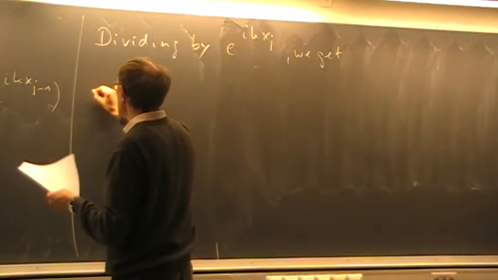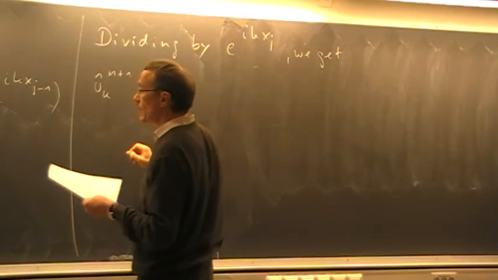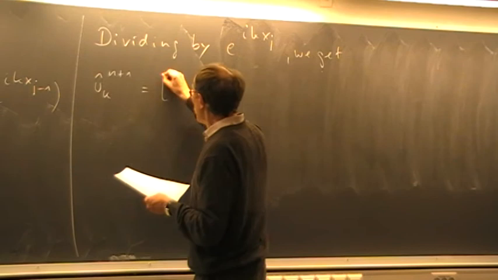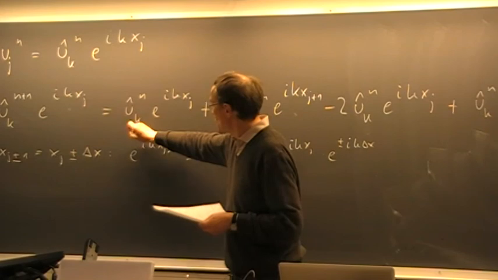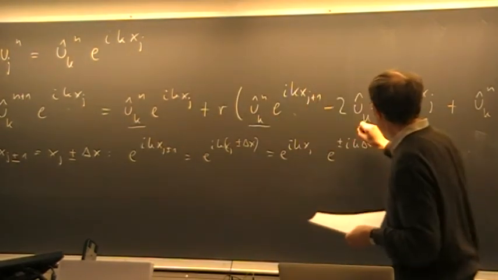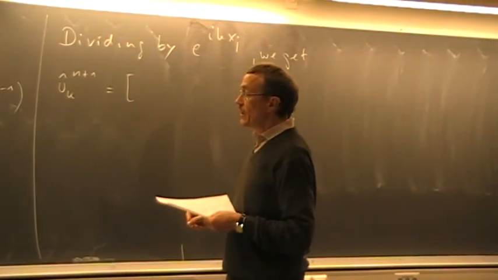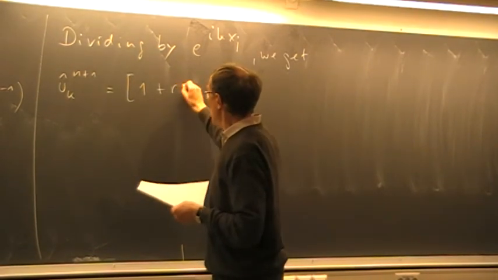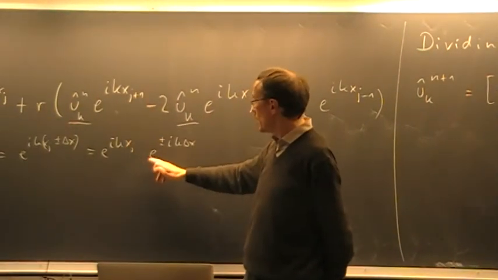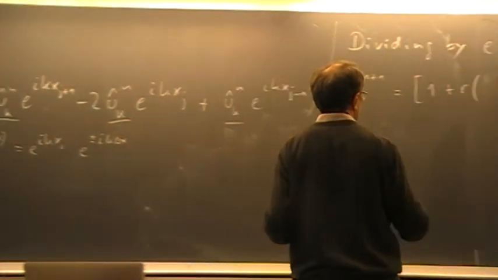Now what is left is u k hat n plus 1 on the left, and on the right we can also factorize the u k hat n, because it's appearing here, here, here. So after dividing by e to the i k x j, the first one will be a 1 plus r. And on this term here, for the plus, the e to the plus i k delta x will remain.